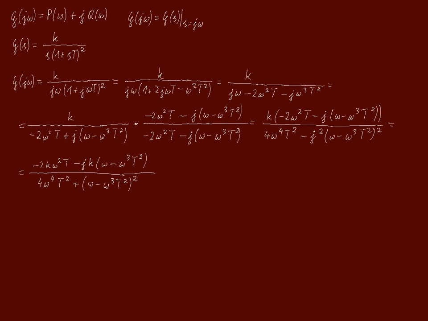Instead of multiplying everything, and then multiplying it by the conjugate, you can multiply every factor in the denominator by the conjugate.